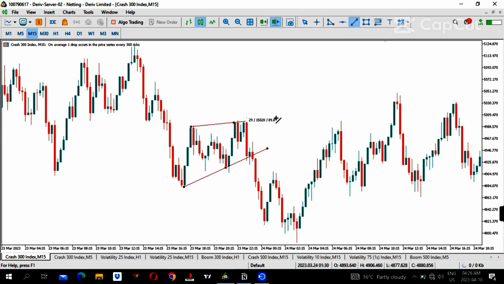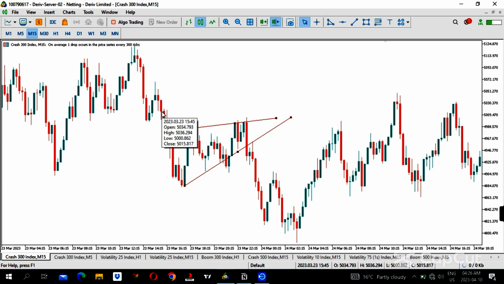This is almost a flag, but it's almost showing the wedge nature that we want. So a wedge is something like this pattern, when the triangle is narrowing, right? The wedge is almost similar to the ascending and descending triangle. I just bunch them together so that you'll be able to understand. They are all continuation patterns.